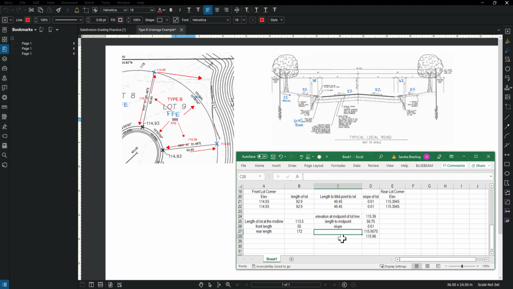So the elevation in the center of the lot is equal to 115.96. Now the finished floor elevation, remember we add 8 inches, which is 0.67 feet. So the finished floor is actually going to be the center lot elevation plus 0.67.